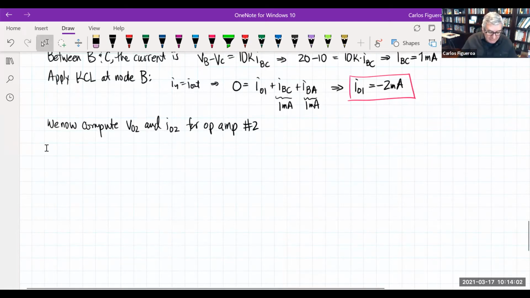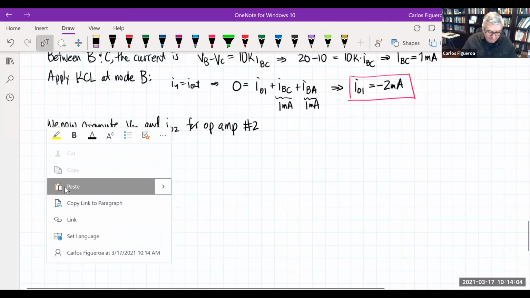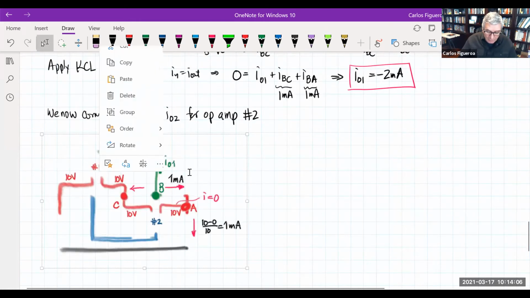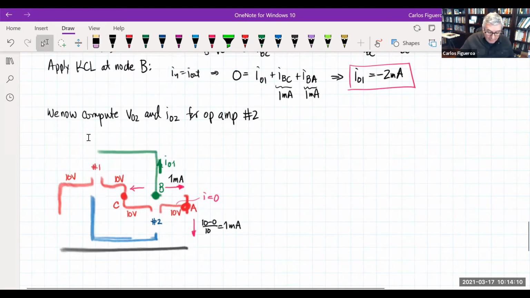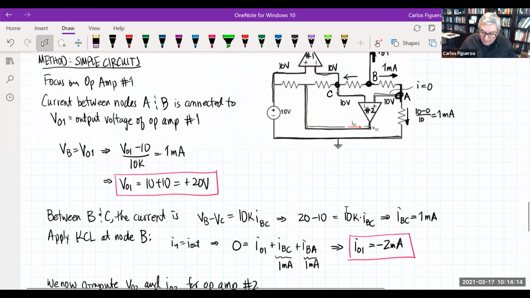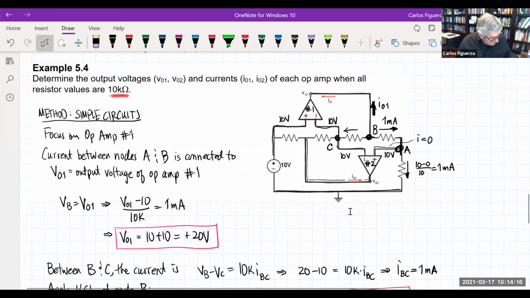So let me paste this here. Oh no, that's not what I wanted. Let me go back and try to get, oh no. Well, I did a number on this. Here, I got to go get the op amp.